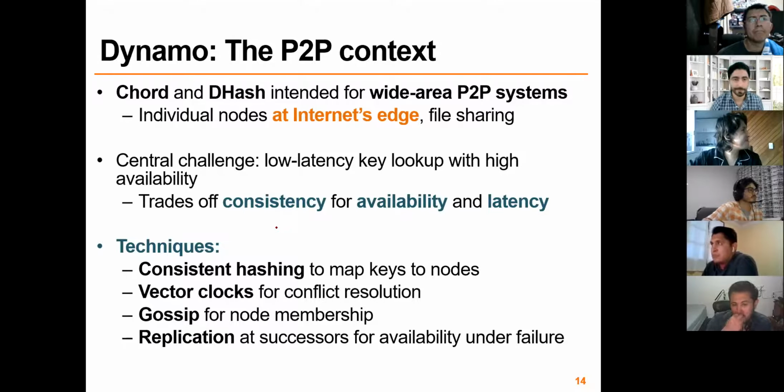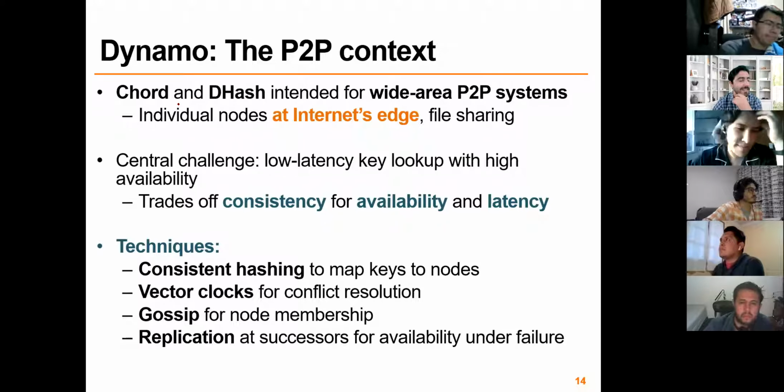A lot of things. So the central challenge there was low latency key lookup with high availability. So we trade off consistency for availability and latency.